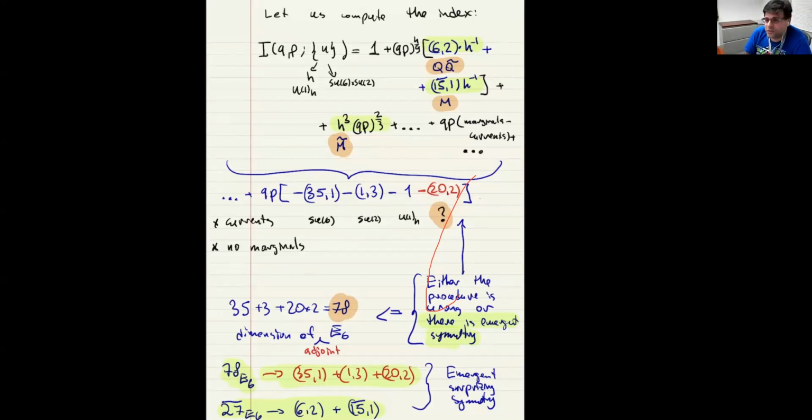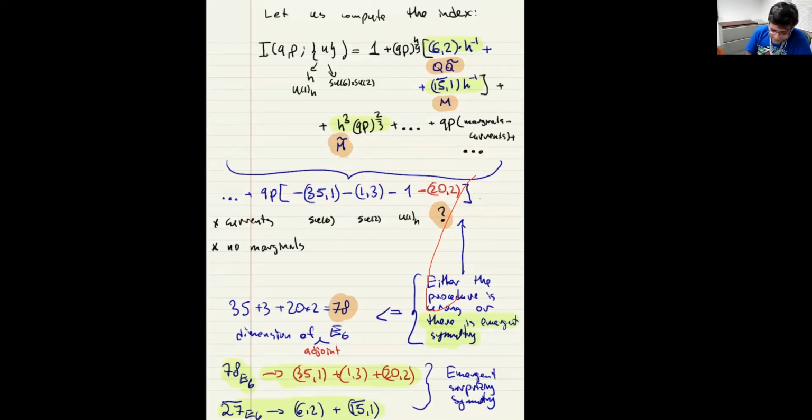So there are two possibilities. One is that we made a mistake either in the computation or in our physical assumptions. For example, that we did not identify correctly the U1R symmetry, the superconformal U1R symmetry. Or it has to be that all these currents combine in some way into an adjoint representation of some bigger group, such that SU6 and SU2 and maybe U1 are a subgroup of this bigger group.